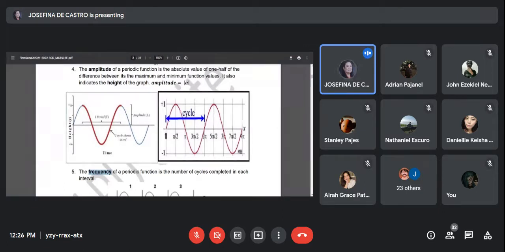That's why yung ating x-axis, the coordinates in the x-axis will become in terms of angle measurement, and we're going to use the radian measures. So makikita mo dyan, 0, pi over 2, pi, 3 pi over 2, 2 pi. Okay? So dito makikita mo, dalawang cycle yan ang sine.